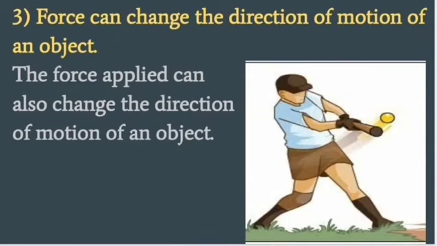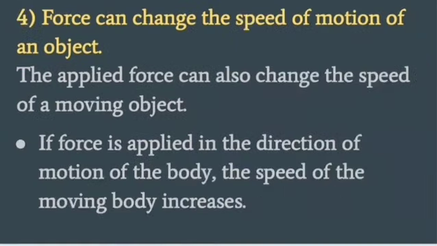Why is the direction of the ball changed? Because of the force applied by the batsman on the bat. That's why we are saying that force can change the direction of motion of an object.